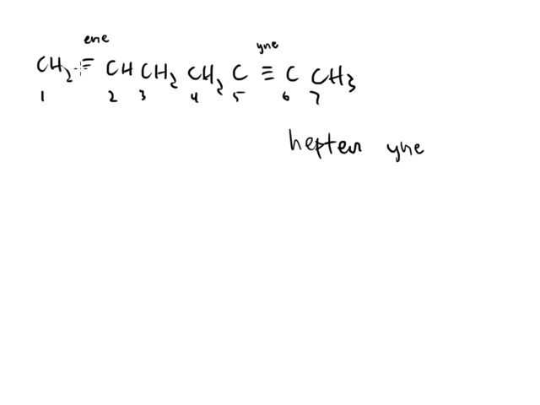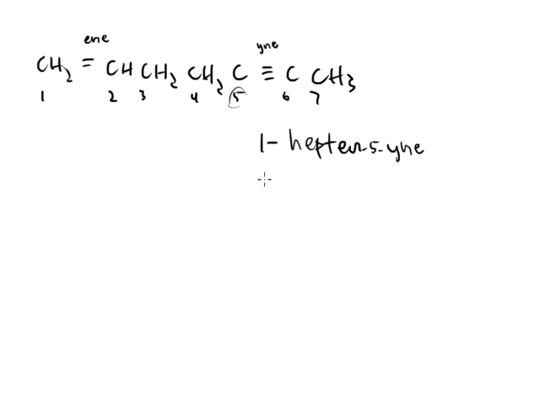It's lower group number. So at carbon 1, I have the double bond, so that goes with 1-hept-ene. And then at carbon number 5, that's where my triple bond shows up. Therefore, this is a 1-hept-ene-5-yne.